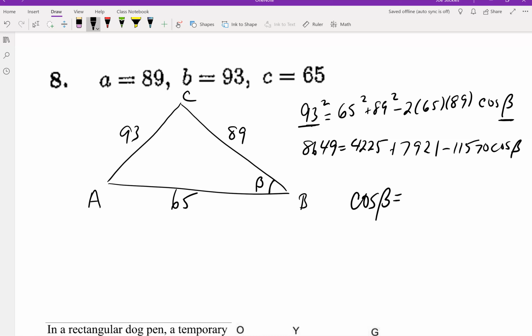Let's isolate the cosine of beta. So we'll take that 8649, subtract off the 4225, and subtract off the 7921. We'll get a negative 3497 when we subtract the 4225 and the 7921 to the left-hand side. And we'll divide that by negative 11570. So beta will be the inverse cosine of that.